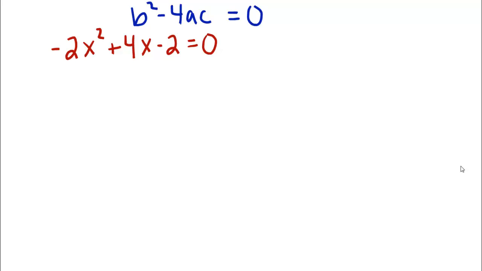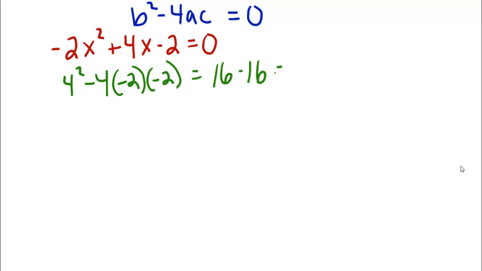Now, let's investigate what happens if our discriminant, b squared minus 4ac, equals 0. Let's just verify that first. b squared minus 4ac, in this case, is 16 minus 16, which is indeed 0.